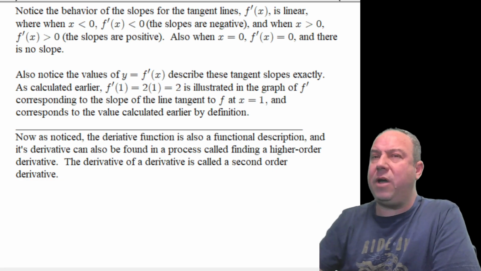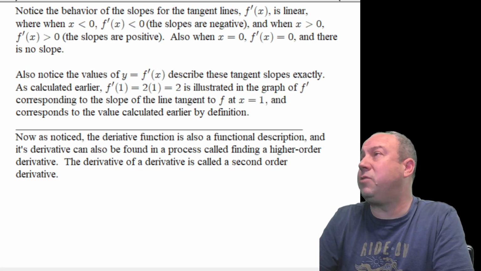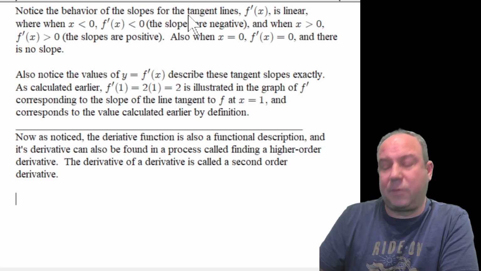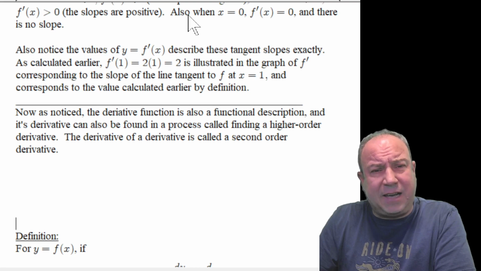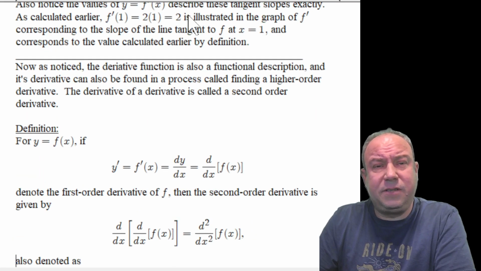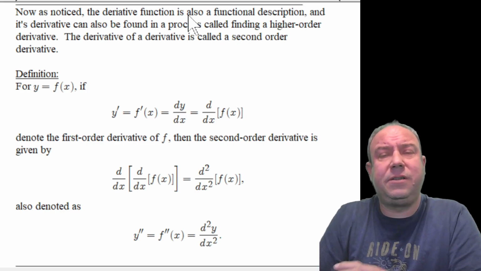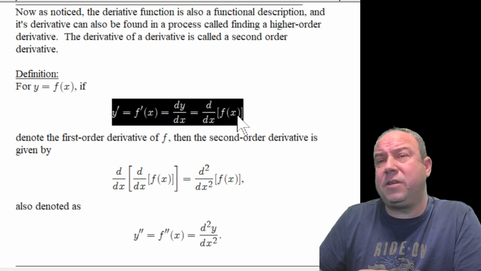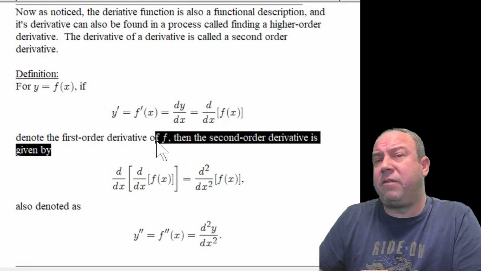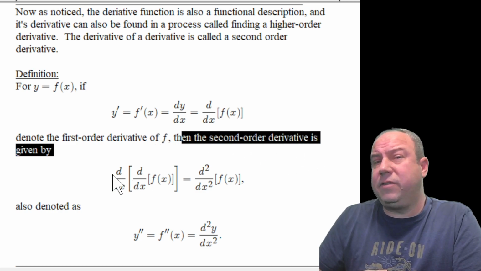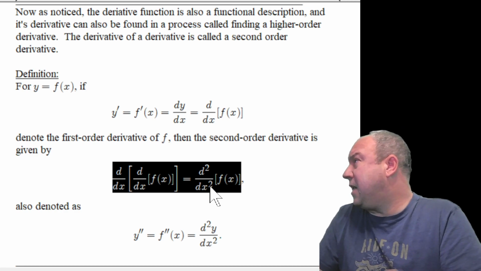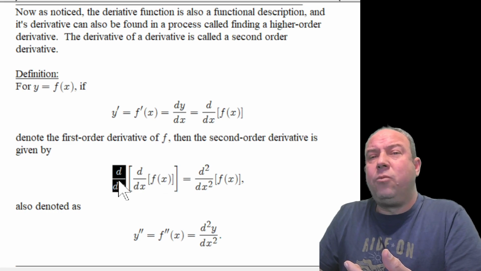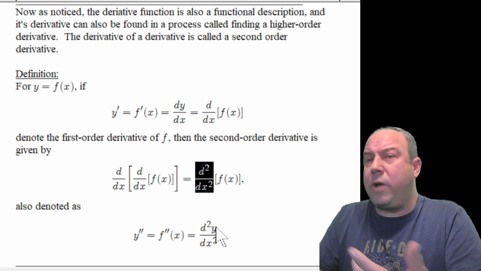So we do have what's called higher order derivatives, and we have some notation that goes along with that idea. I think I define what are called second order derivatives and their notation. For y equals f of x, if y prime denotes the first order derivative of f, then the second order derivative is given by taking the derivative applied again, two times to our function f of x, which is like applying this operator in a squared manner.